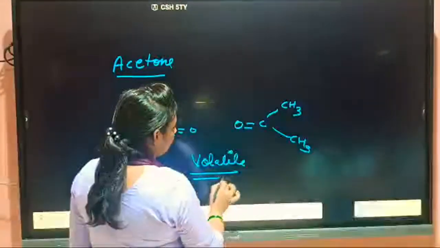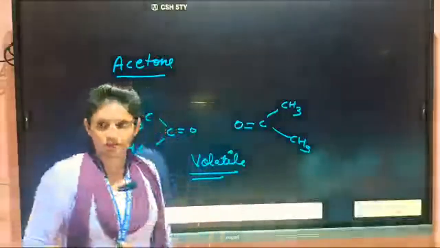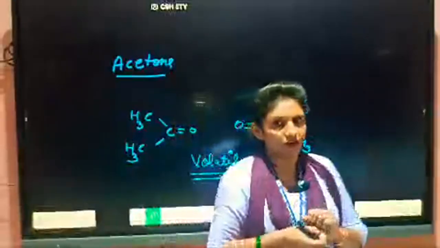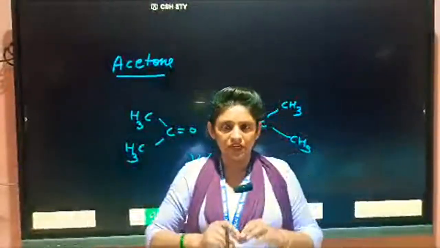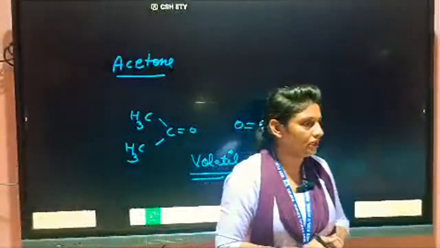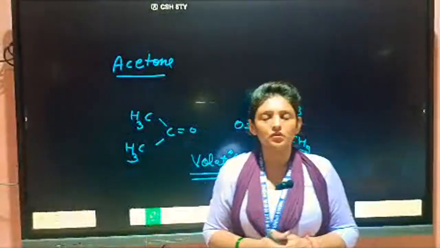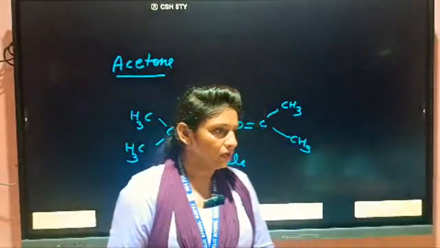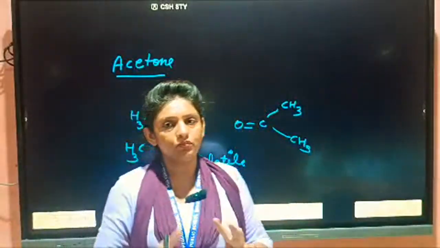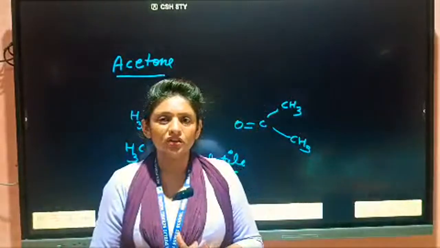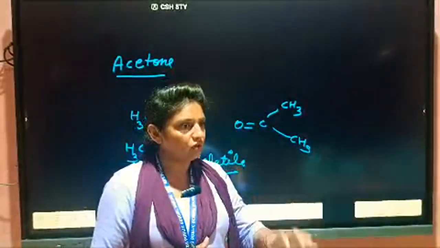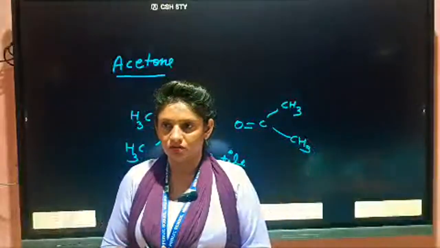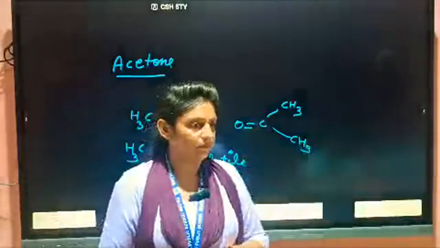They can convert easily into vapors. You use acetone as nail paint remover, so it can be converted into vapors easily. You know very well why, because they are not forming hydrogen bonds. Clear or not? Because water molecules are forming hydrogen bonding, they are volatile but do not convert into vapor at very low temperature. We need to heat them.